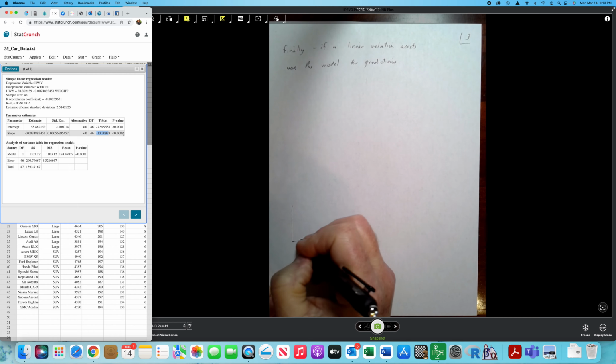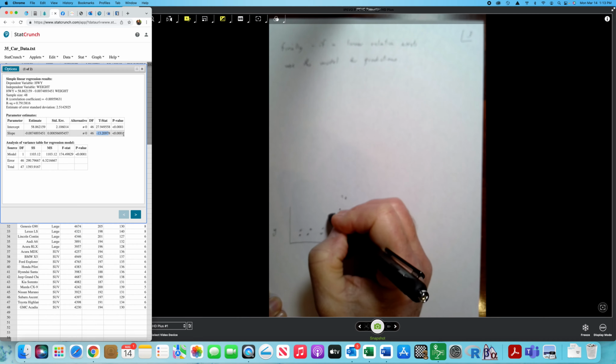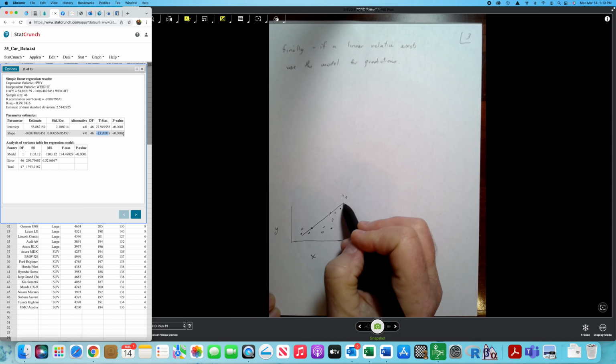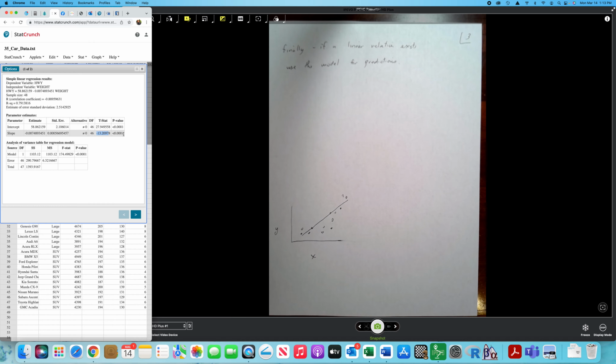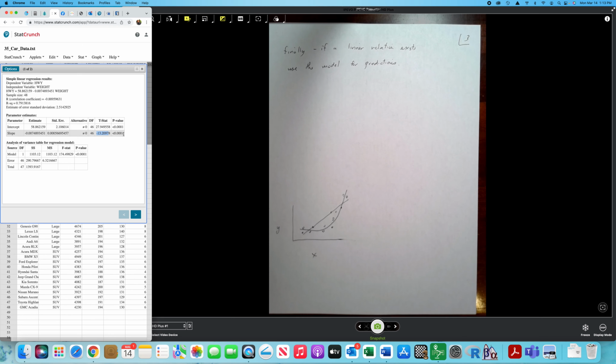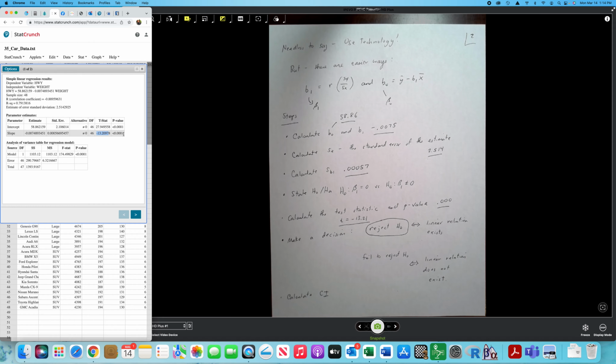We could have a relationship between X and Y that looks something like that. Now, does a linear relation model our data well? No, it doesn't. A linear relation would not be appropriate there. But we may consider some sort of quadratic regression that would fit and model the data well. So again, the techniques that I'm teaching you here pertain to a linear relation between the variables, not, more generally speaking, a relationship.